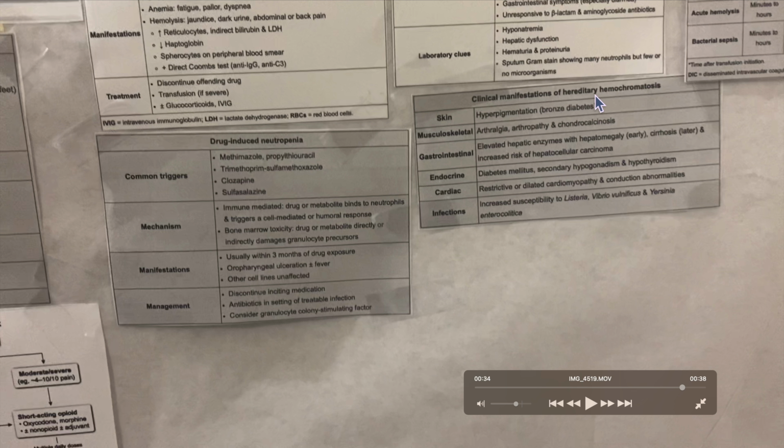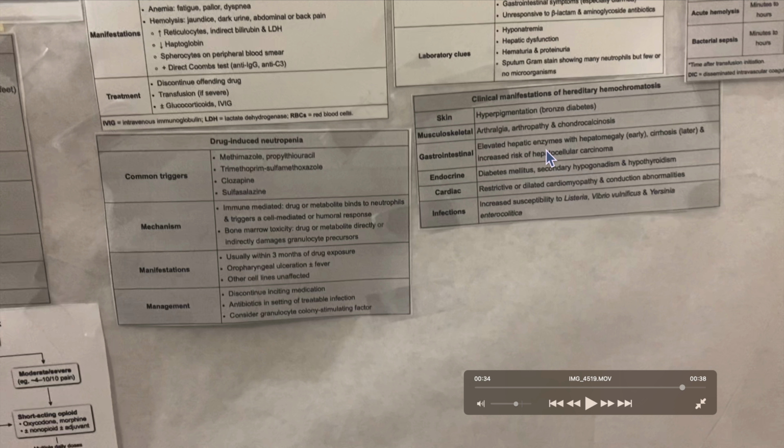Clinical manifestations of hereditary hemochromatosis. Skin here is hyperpigmentation, right? Bronze diabetes. It's a pretty classic one from Step 1. Musculoskeletal: arthralgia, you'll have arthropathy and chondrocalcinosis.